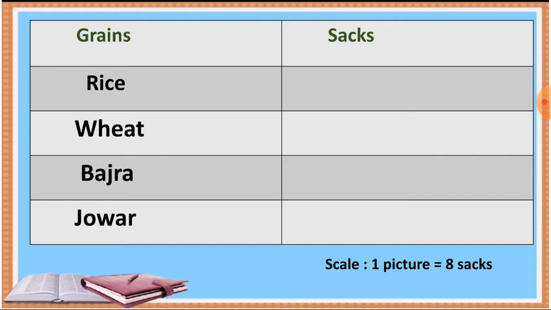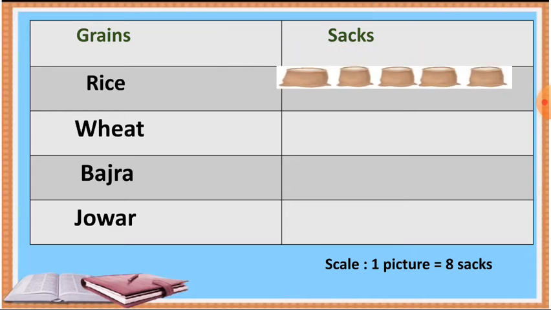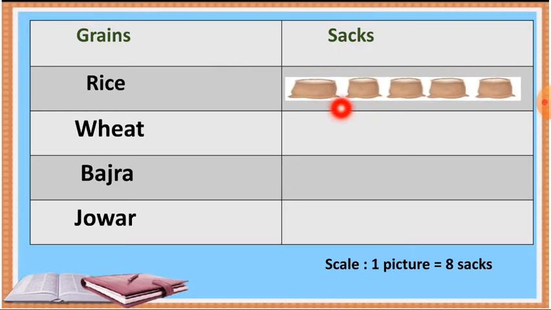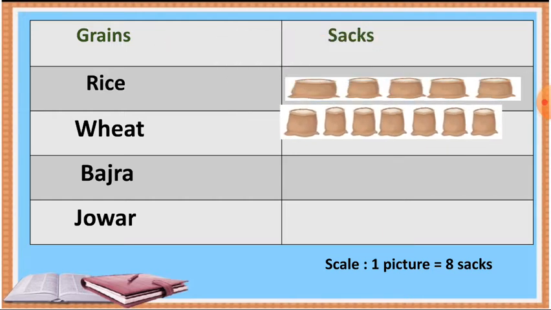So for rice, how many sacks were there? 40. So how many images will we make? 1, 2, 3, 4, 5, because 8 5s are 40. Then wheat, 7.